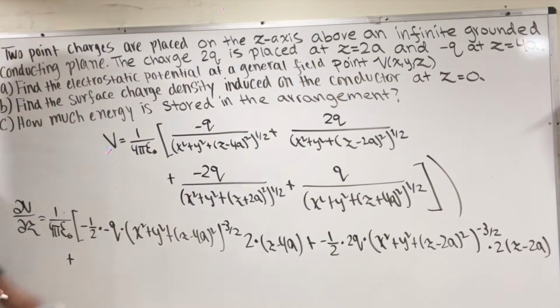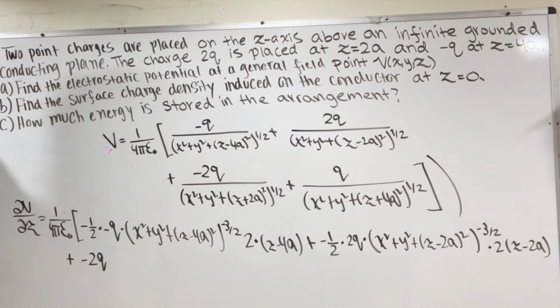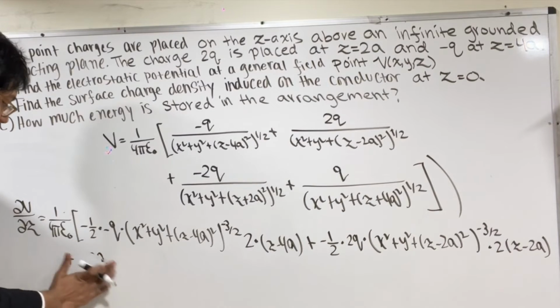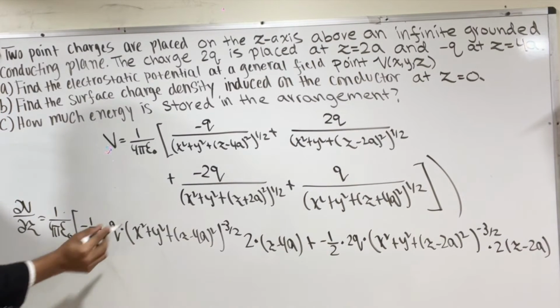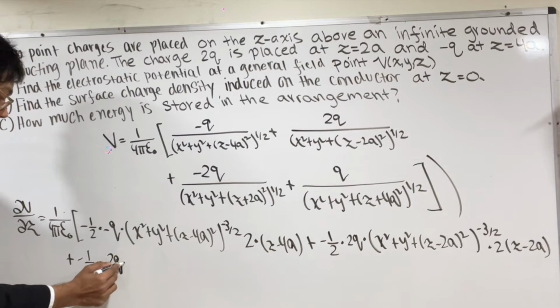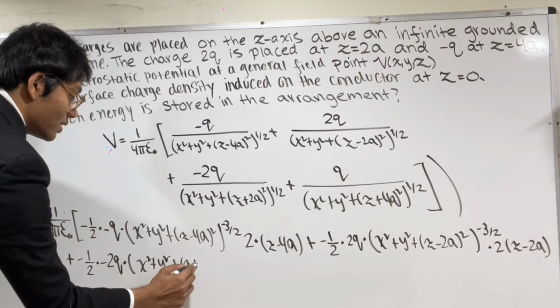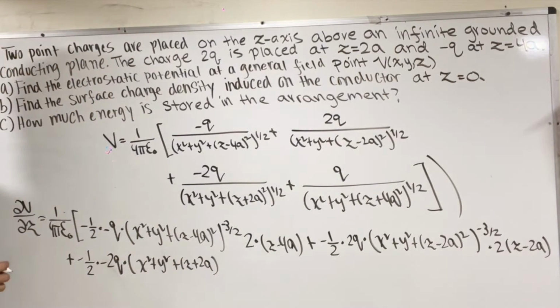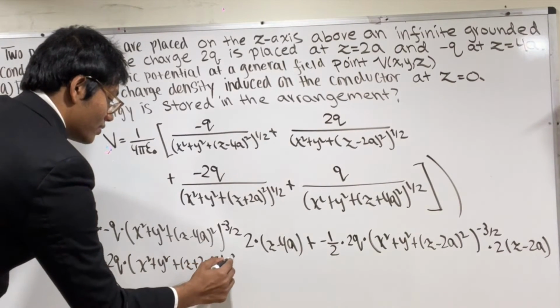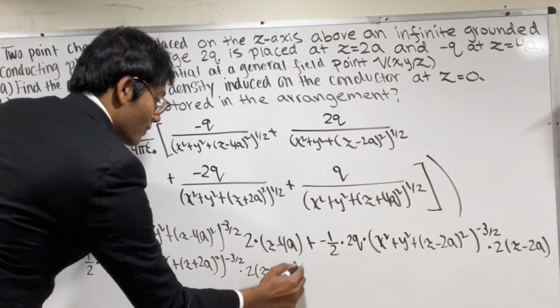Now let's do the third term. This is going to give us minus 2q times, oh, I forgot my factor of negative 1/2. Okay, I have it there. So negative 1/2 times negative 2q times all of this, x squared plus y squared plus z plus 2a, squared, to the negative 3 halves, times 2 times z plus 2a.